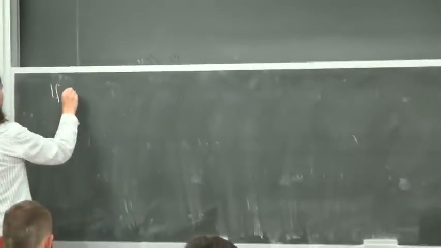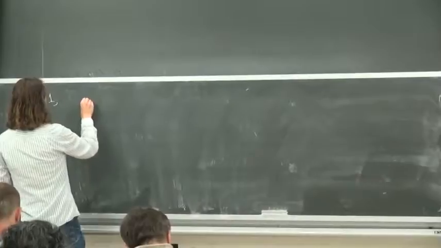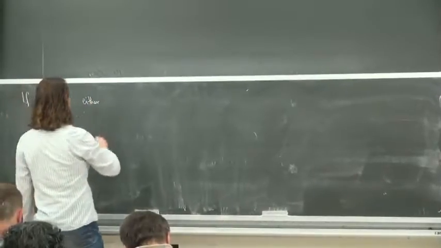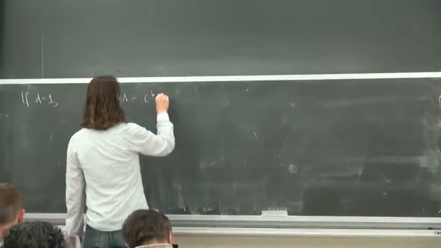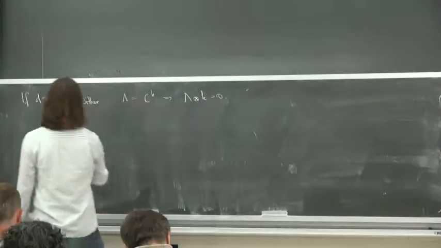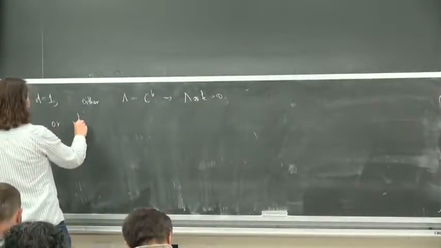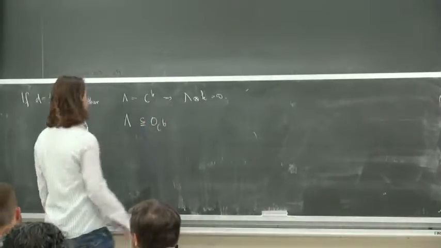Okay, and so if d is 1, then either this lambda is the whole thing, in which case lambda tensor k is 0, or without loss of generality, by rescaling, I can assume that lambda is contained in O_C flat, as an ideal.